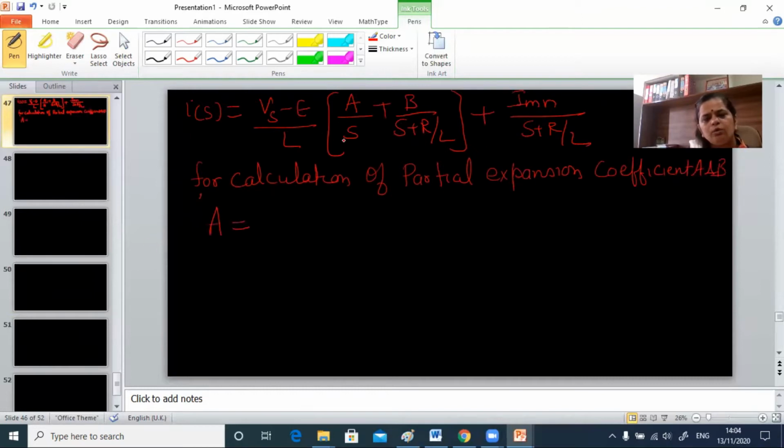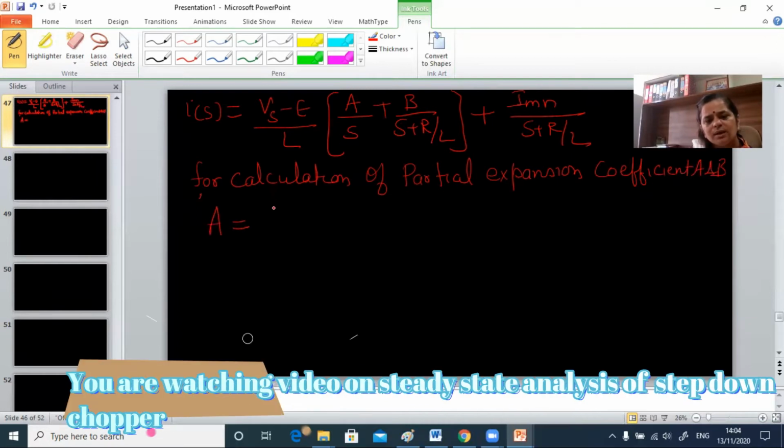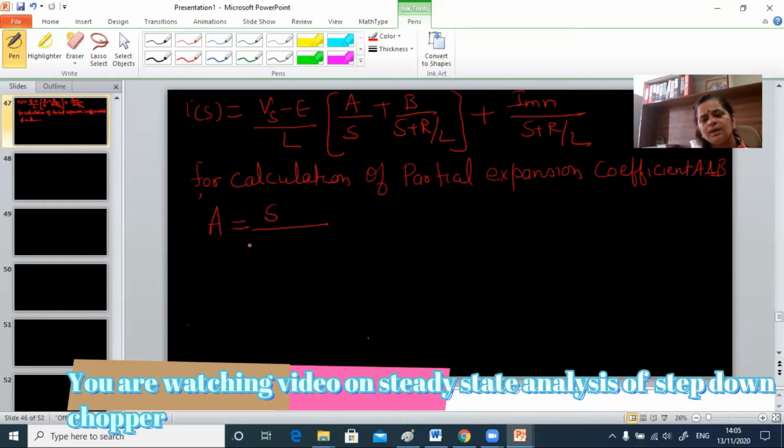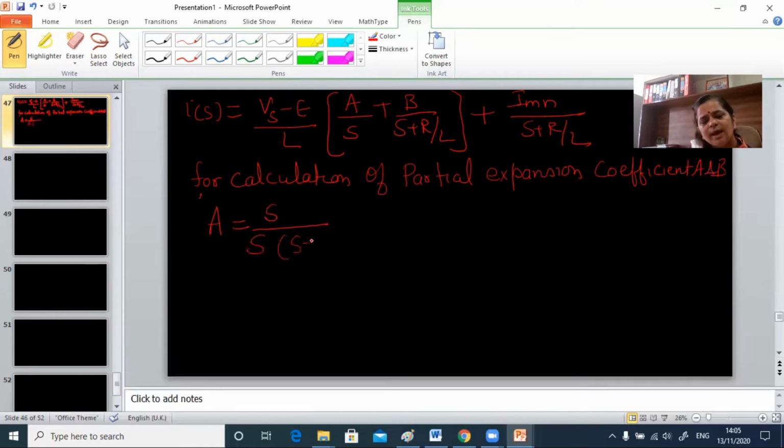We multiply the denominator factor S, then in S plus R by L you have to put S equal to 0. So this value will be L by R.